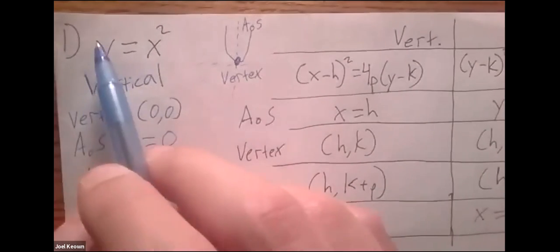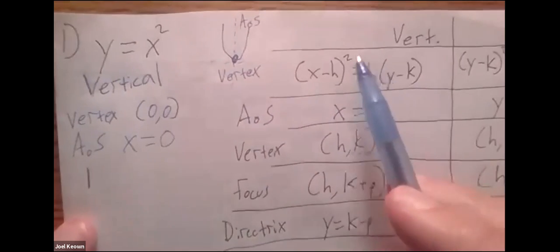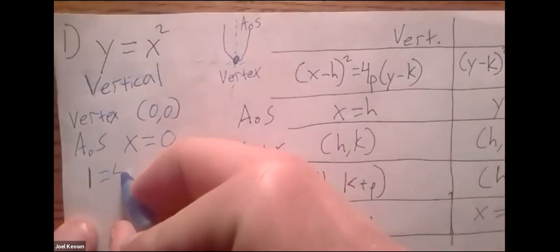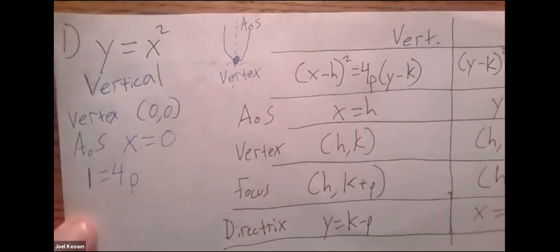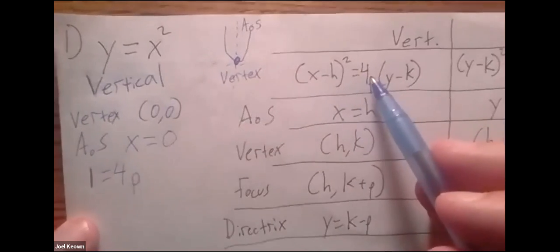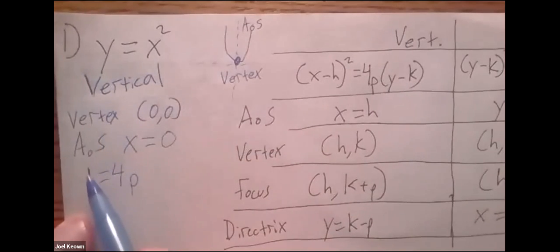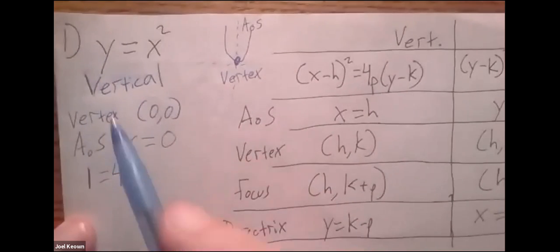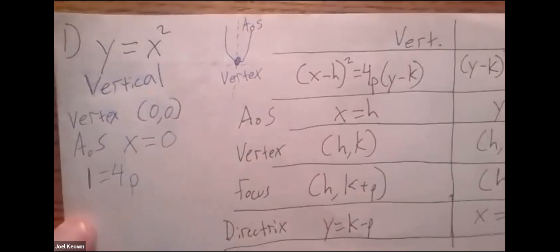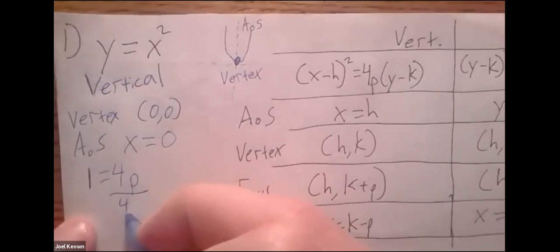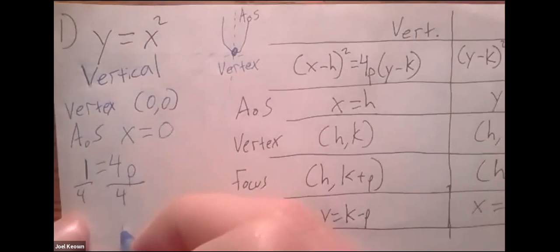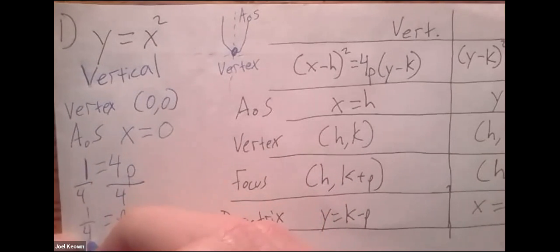So I know that 1 is equal to 4p. Because 4 times p is whatever the number is in front of y, which in this case is just a 1 because there's nothing there. So I say 4p equals 1. And now I need to solve this for p. So I'm just going to divide by 4 and get p equals 1/4.